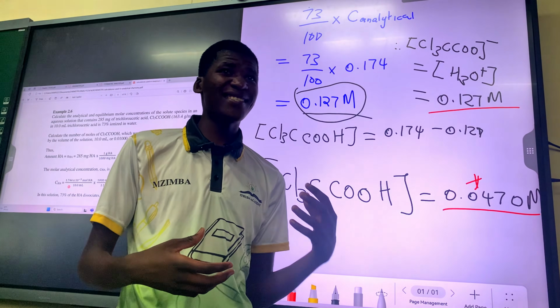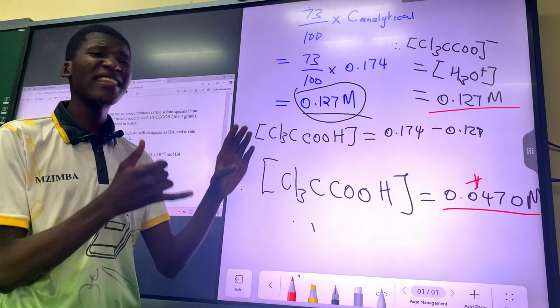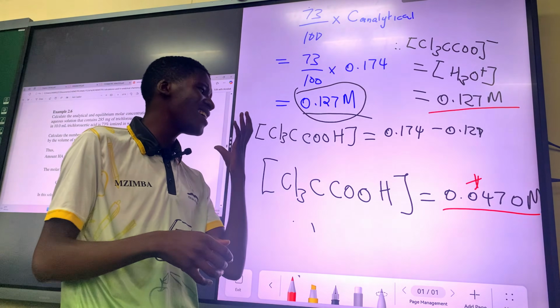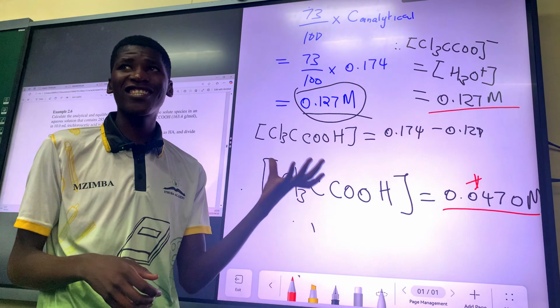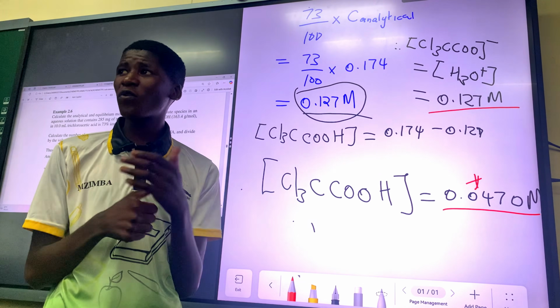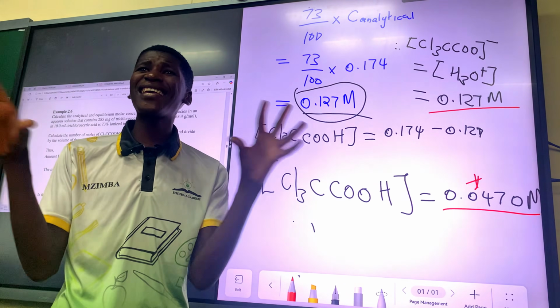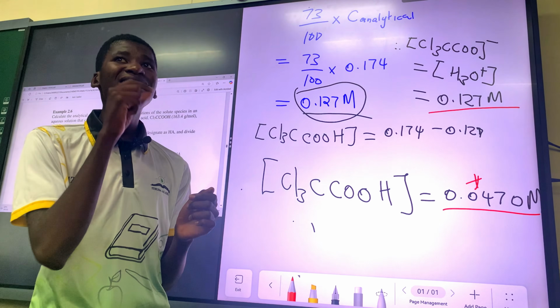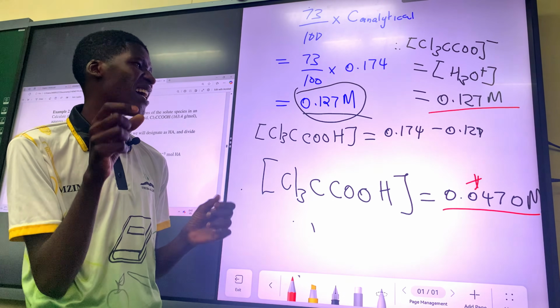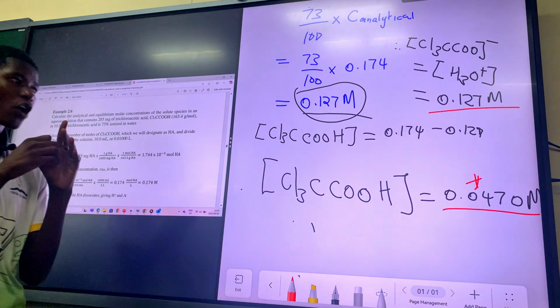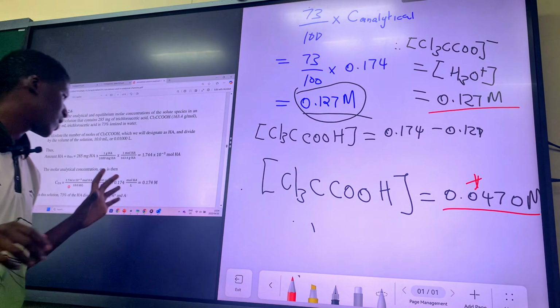It's a weak acid. If it were hydrochloric acid or H2SO4, you would know that the equilibrium concentration of hydrochloric acid at equilibrium has to be 0 because it separates completely. It all separates. We don't expect to find HCl in it, since it's a strong acid, it ionizes or separates into its ions completely in water.